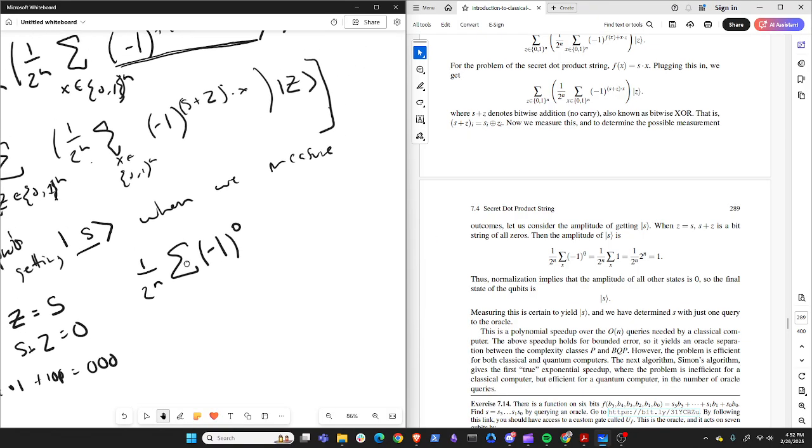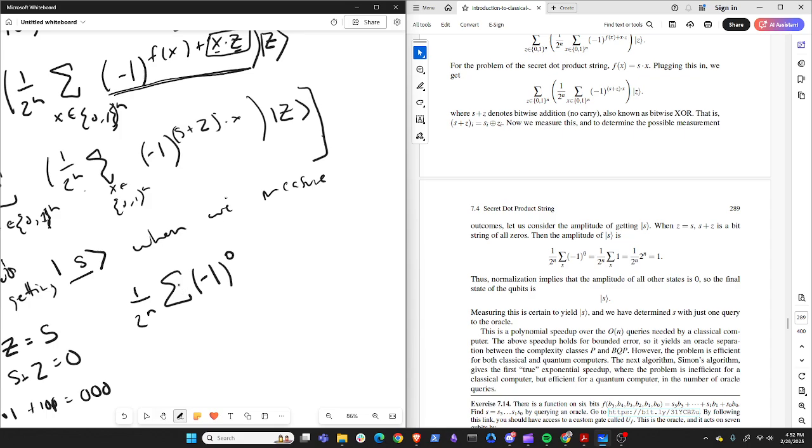So the amplitude here is minus 1 to the 0. Well, that's how our phase kickback works, right? So if f of x is equal to 1, then we get minus 1 for the amplitude, but if f of x equals 0, we get 1.